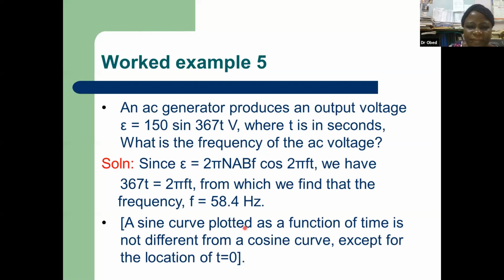So if you use this formula, you get your frequency to be equal to 58.4 hertz. Try it out and let's see if you get the same answer. I'll give you a minute to write it down and work it out.